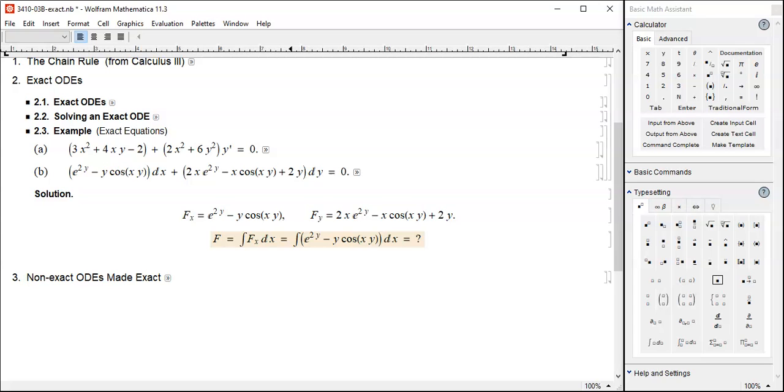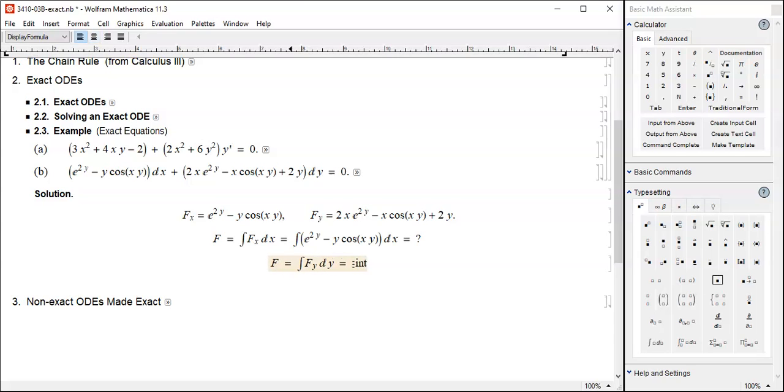Well, I'll stop here. How about the other? F is gonna be antiderivative of f sub y dy for the same reason, and that's antiderivative of n, that one.